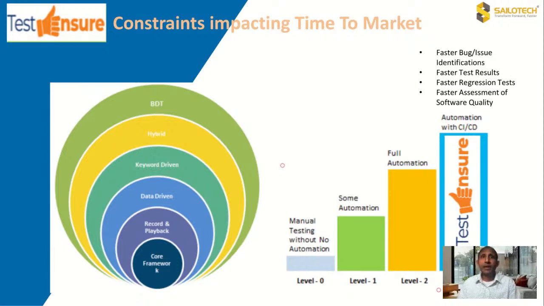So these are the things that at Silotech we really have experience with, across a multitude of projects where we have encountered a lot of gaps in the system, where either the end-to-end execution is not happening, or there are no smoke tests created. So how you approach reducing your time to market, right?